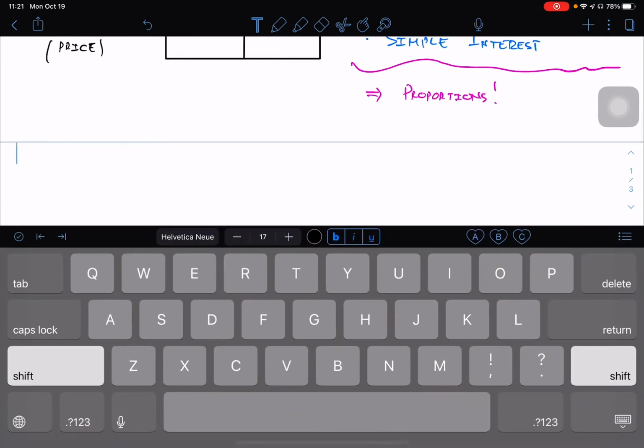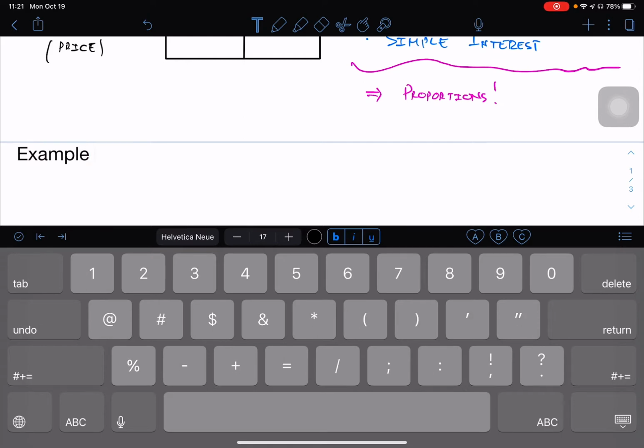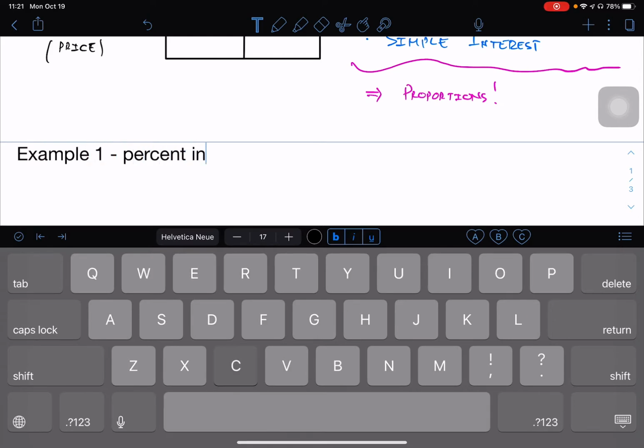So say we had a percent increase right here. We'll do example 1, and this is a percent increase.